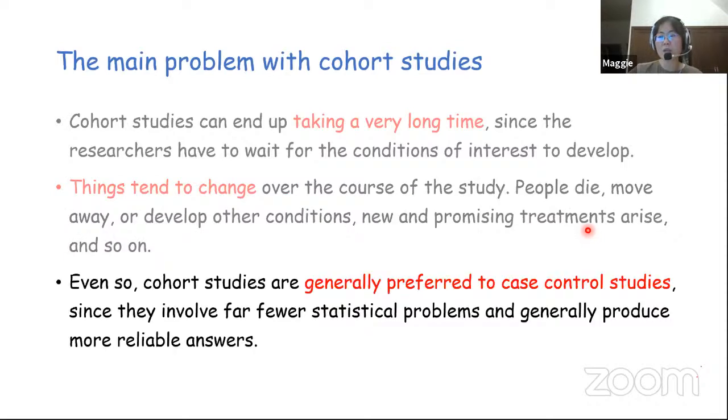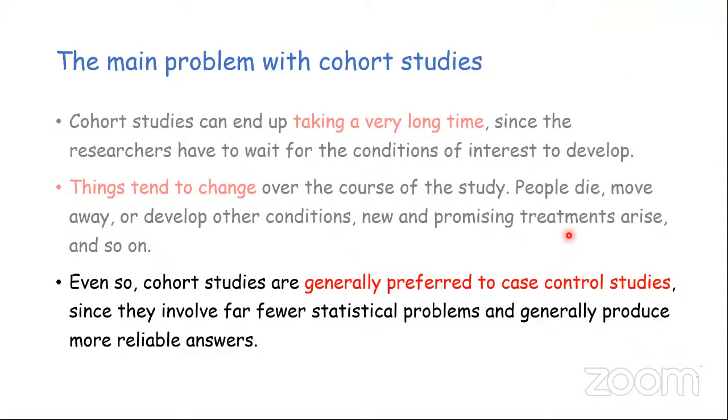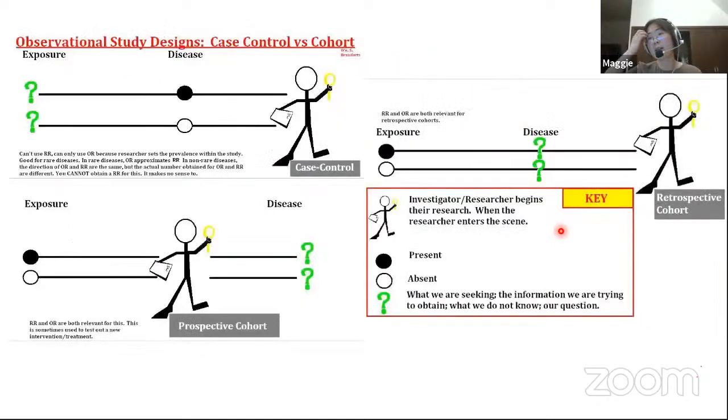And also, cohort studies are generally preferred to case control studies, since they involve far fewer statistical problems and generally produce more reliable answers, which means that cohort studies are more reliable or better than the case control studies. You can remember this comparison. In case control, they want to study the effect of an exposure, for example, smoking.